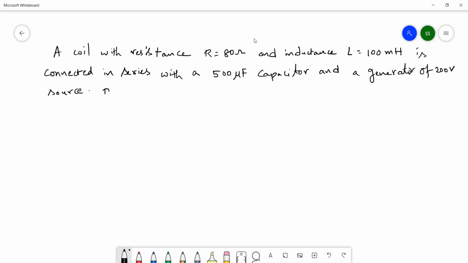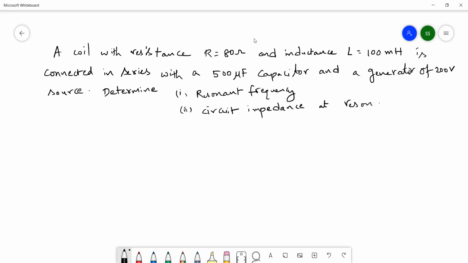Now what they are asking is: determine the resonant frequency and the circuit impedance at resonance.